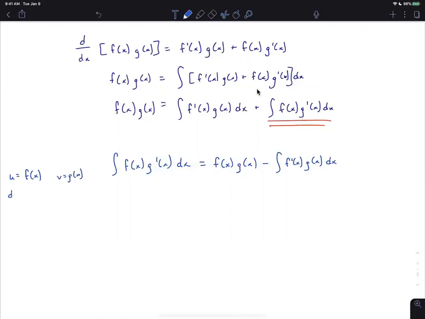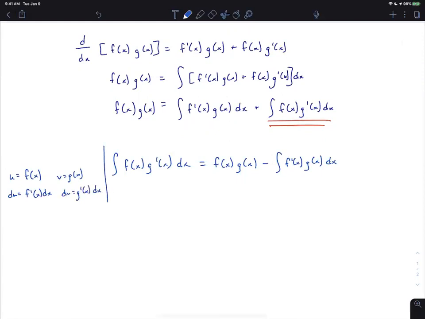And then if u is f of x, what would du then equal, based on the way we've thought of that before? Would it be f prime of x? Yeah, it'd be f prime of x times dx. So f prime of x dx. And then dv, same deal. dv would be g prime of x dx.